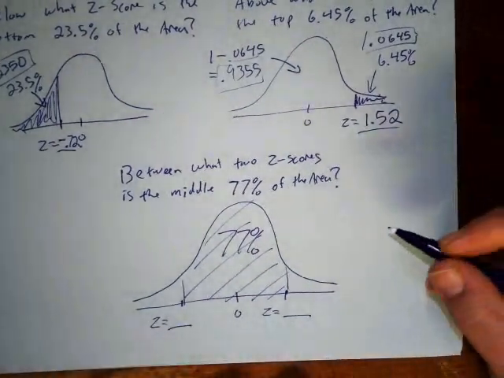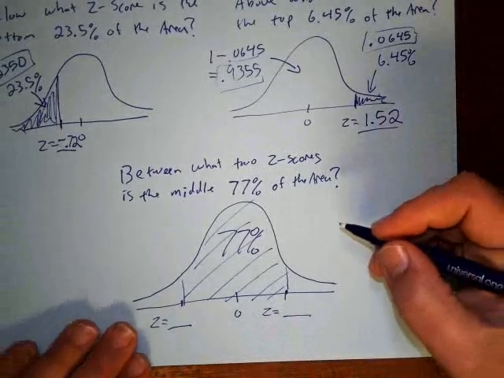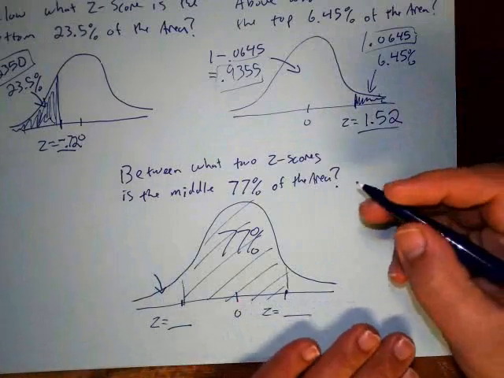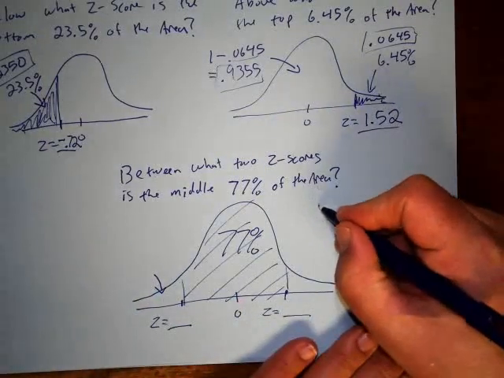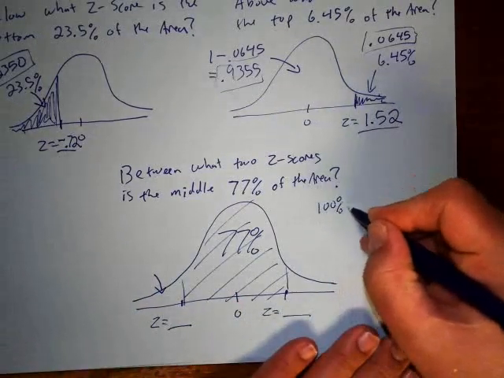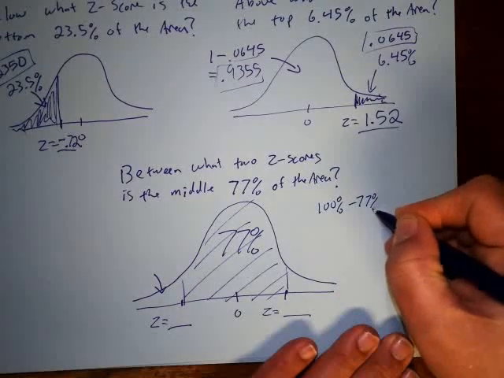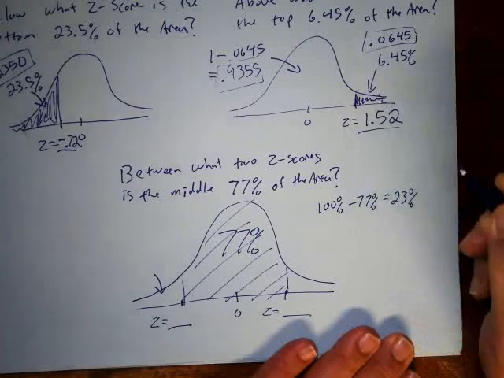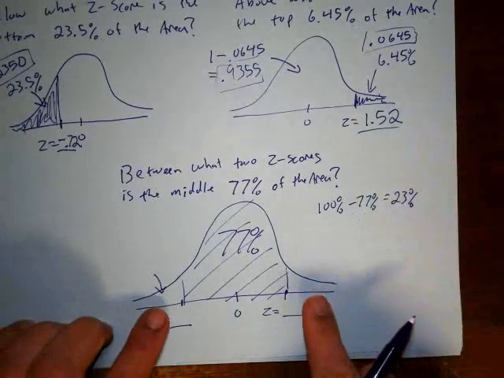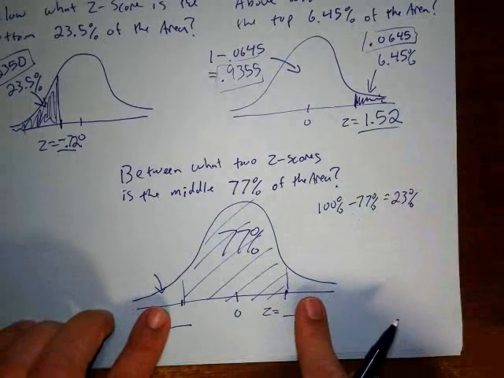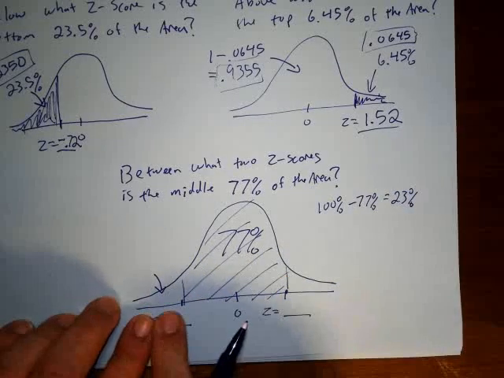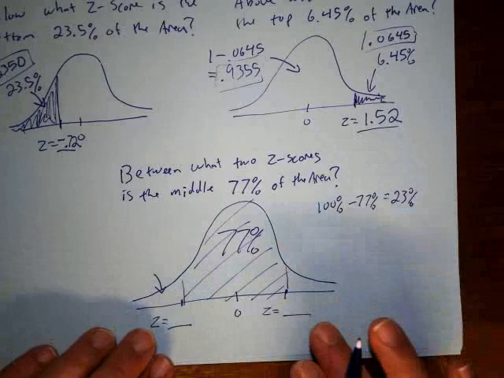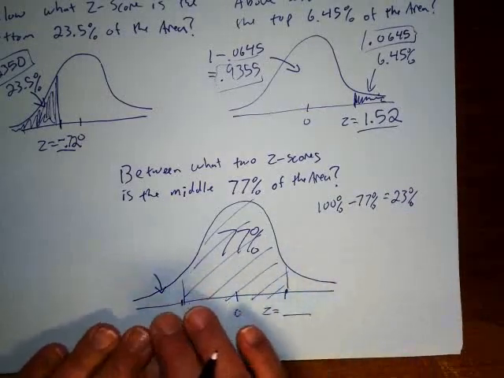So, how do you do this? Well, you're going to find out how much area is in that lower tail. So you're going to take 100% minus the 77%. And when you do that, you get 23%. And so this 23% is going to go in the two tails. Okay, so all of it doesn't go into one tail. You have to divide that evenly between the two tails, because the curve is symmetrical.